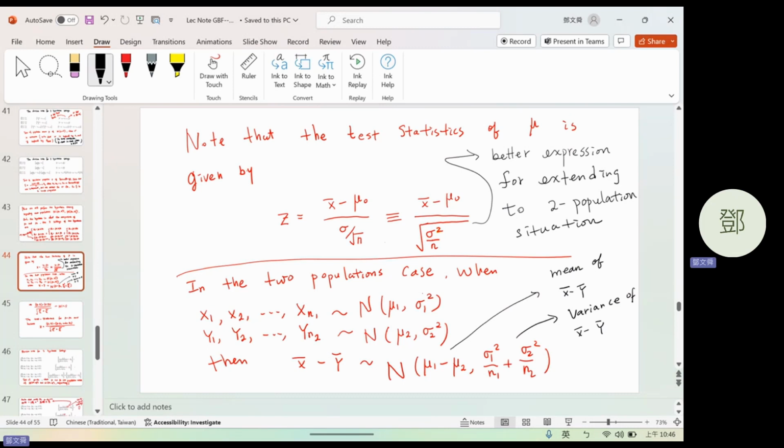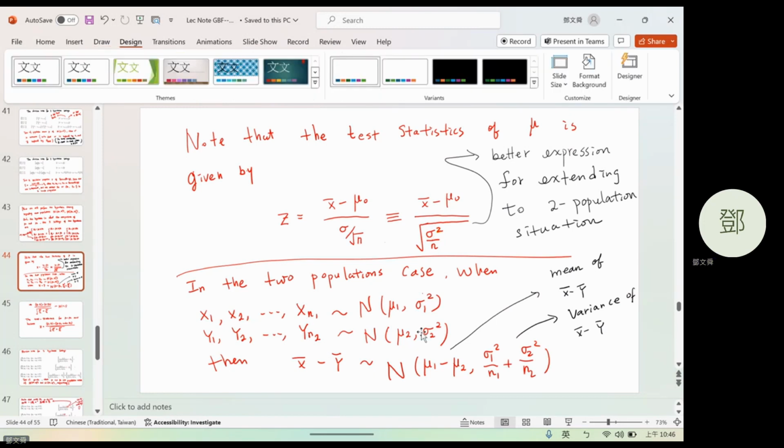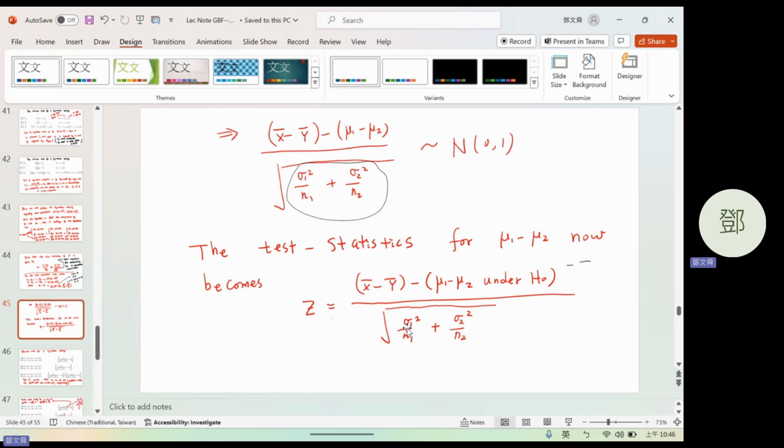Why? Because when it is one population, it is sigma squared over n, and when it comes to two populations, all you need to do is sum the two variances. Here it is just the sum of two variances.